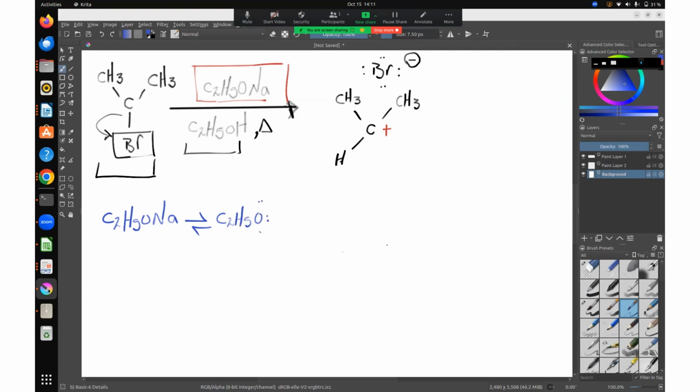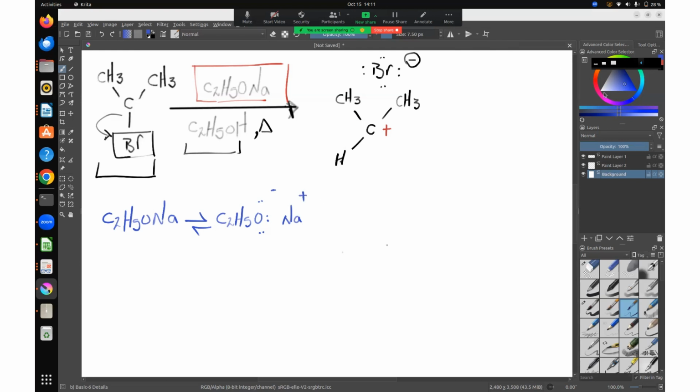Now, in the fight for the lone pairs between the sodium and the oxygen, because sodium belongs to group 1 of the periodic table with a very negligible electronegativity, the oxygen is going to win the electrons when the bond is dissociated. It becomes negatively charged, and the sodium, which is dissociated, becomes positively charged.